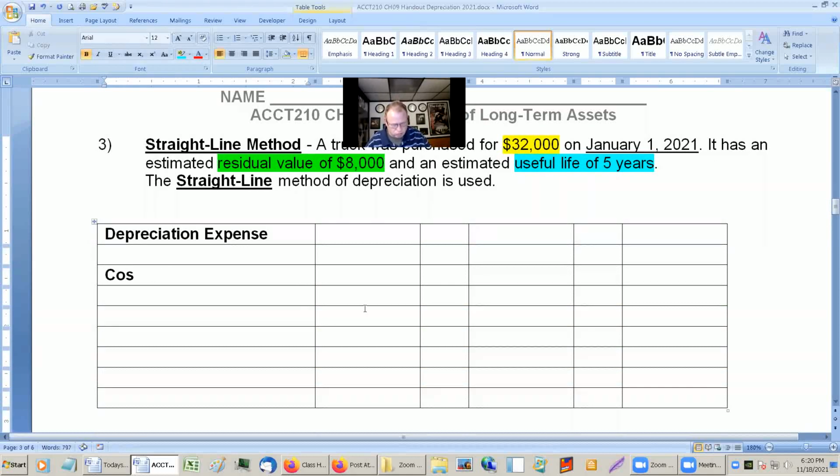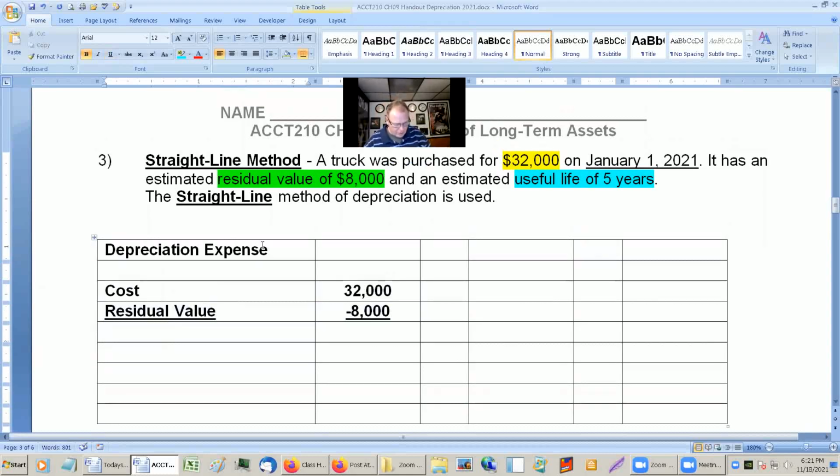Okay, so we have a cost, 32,000. We have a residual value. So we're going to get back, we're going to sell it for 8,000. So it's going to reduce our cost of it. And this will give us our depreciable cost. And like you said, 24,000.